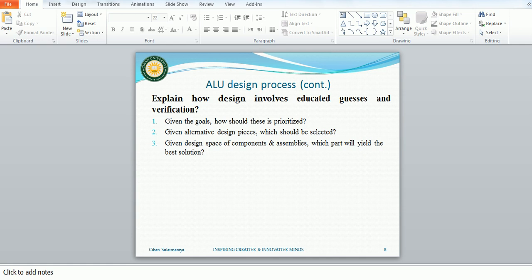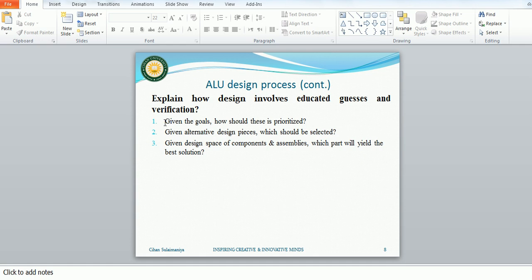Let's do an example about this. Before that, this example explains how design involves educated guess and verification.